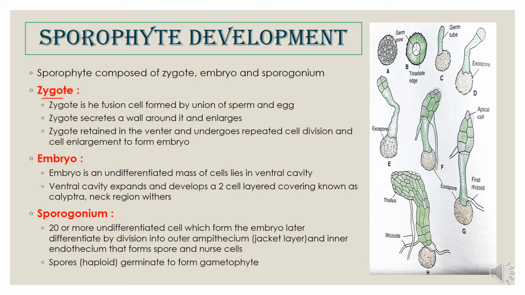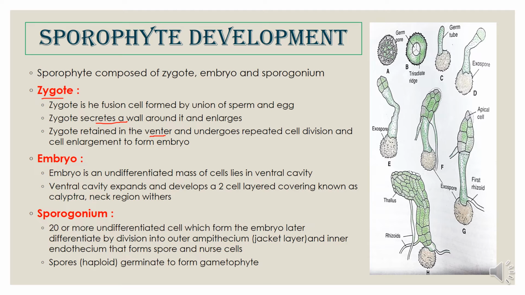The zygote, which lies in the ventral cavity, rounds off, increases in size, and secretes a wall, but still lies in the ventral cavity, which also enlarges to accommodate this growing zygote, and later the embryo and sporogonium.